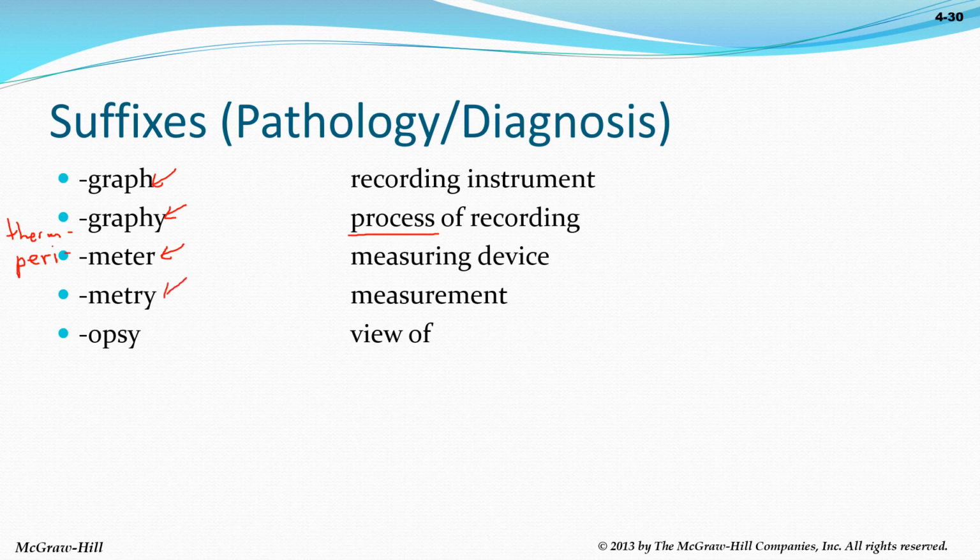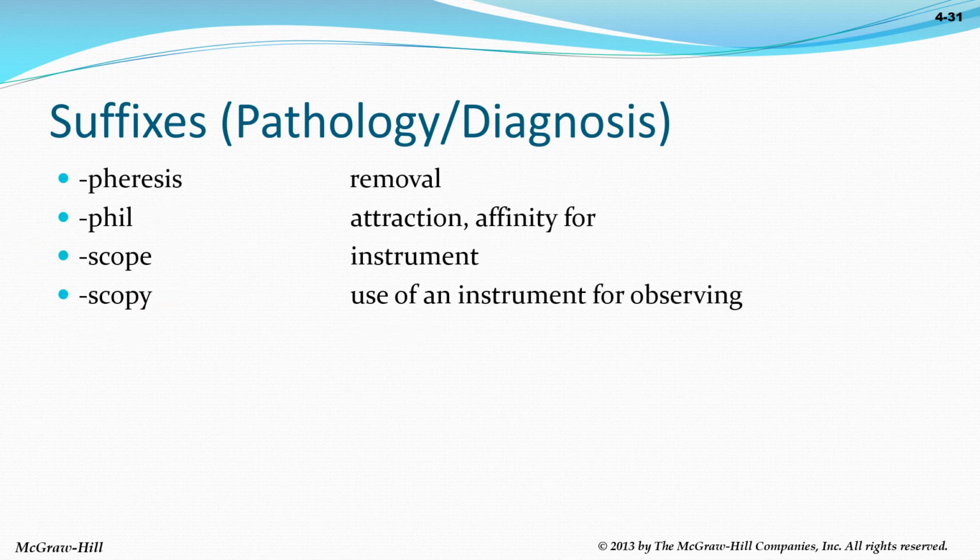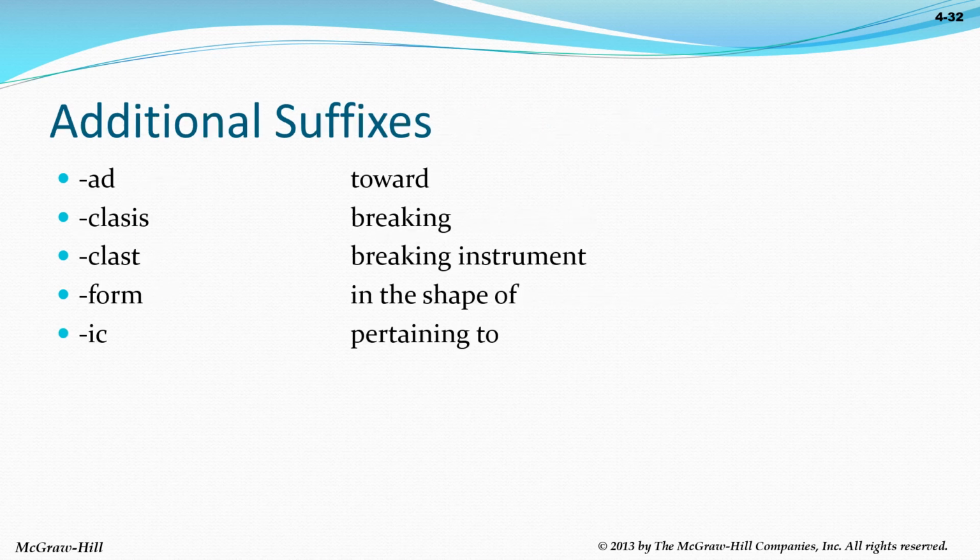Y is the process of measuring. Right? Opsy, process of looking, the action of doing it. Phil, just think of that pedophile again, right? They're drawn towards. E is the instrument, Y is the action of looking.